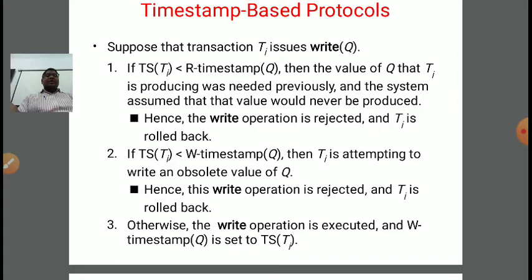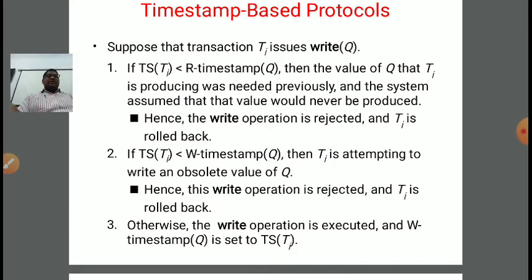Second possibility, if the timestamp of transaction Ti is less than the write timestamp on data item Q, then the transaction Ti is attempting to write an obsolete value of data item Q. So what will happen in this case?